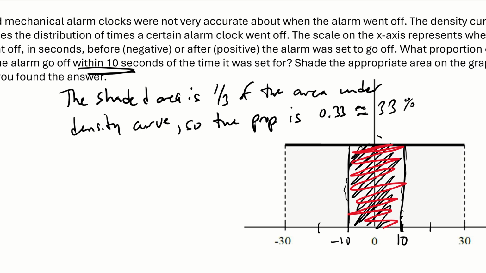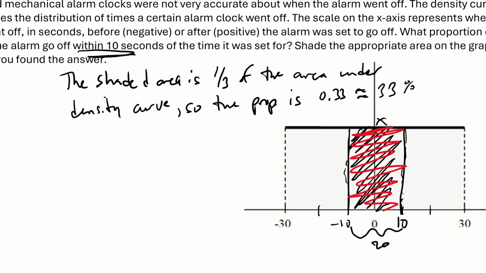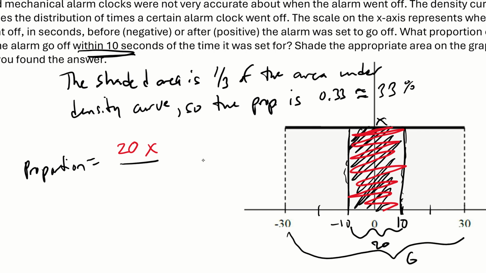You could also say, okay, this is x, and this is 20, right? Because from -10 to 10 is 20. So the area under the red is 20x. The total area is from -30 to 30, which is 60, and it's 60 times x.